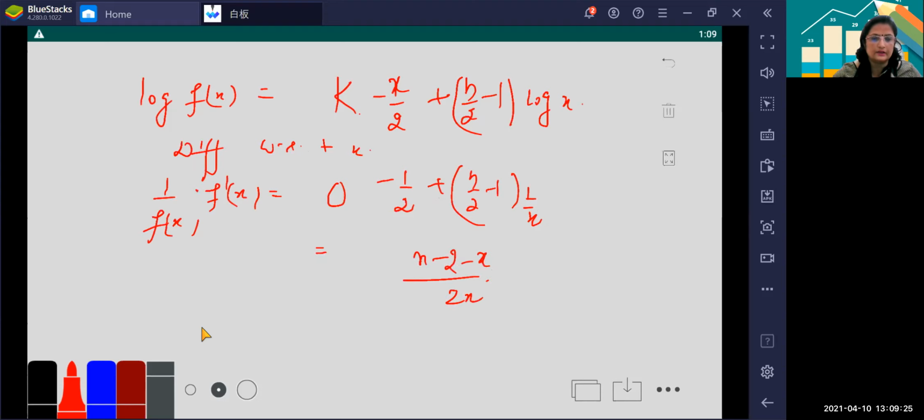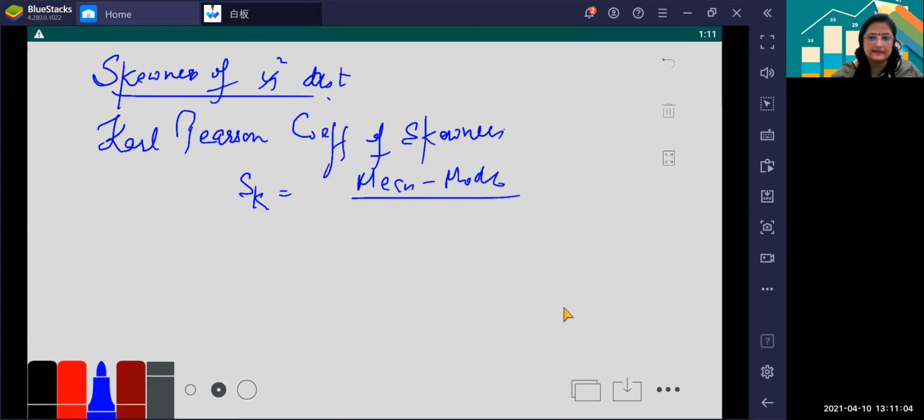Now we will find out the skewness. Skewness of chi-square distribution. So we will write here Karl Pearson's coefficient of skewness, which is equal to mean minus mod divided by standard deviation.